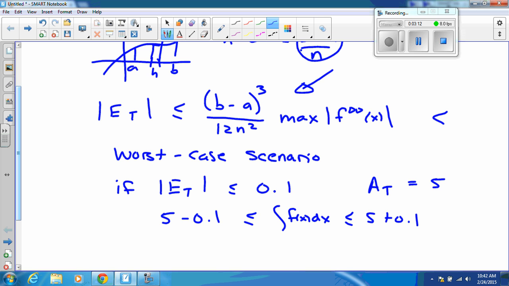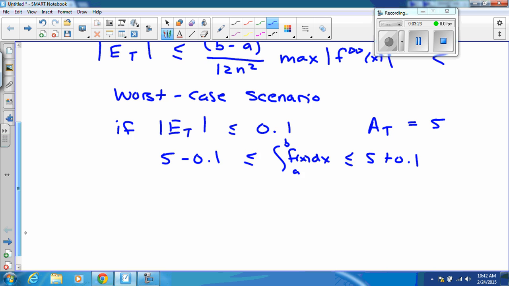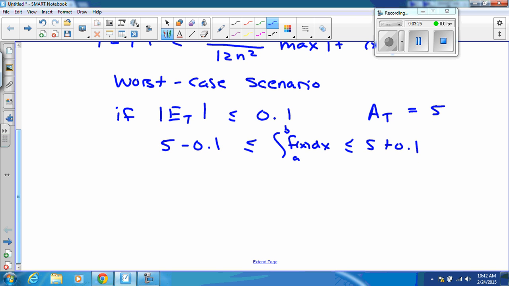The trapezoidal estimate itself is 5, but the true value of the integral, I should say, is going to be trapped between estimate minus error bound and estimate plus error bound. So that's the meaning of this.